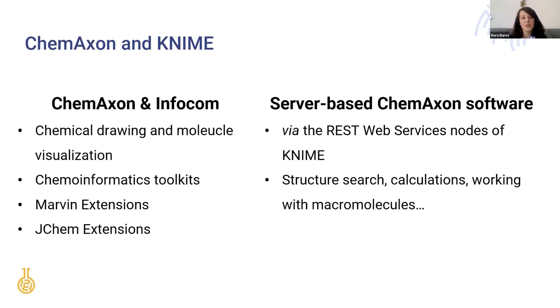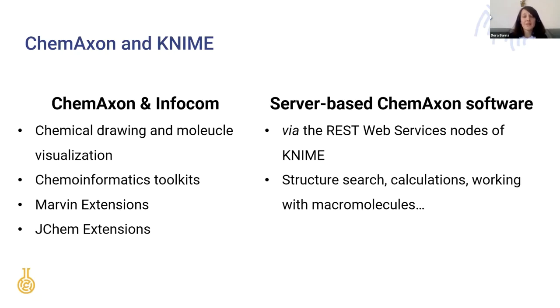These nodes can be used to draw chemical entities like molecules or reactions in KNIME, and also to visualize chemical structural data in KNIME. Besides those, there are several other cheminformatics toolkits which can be used for structure-based searching, library building, property prediction, and so on.